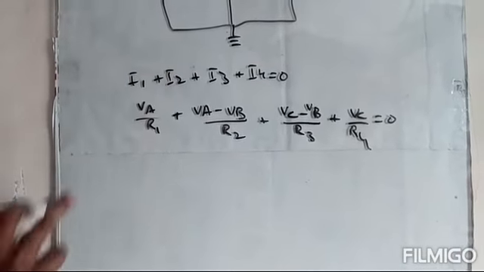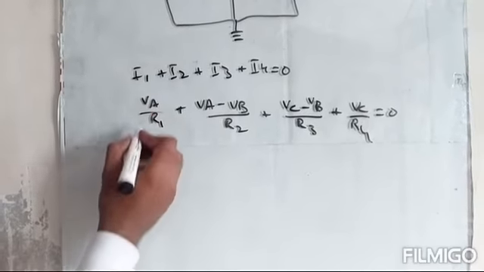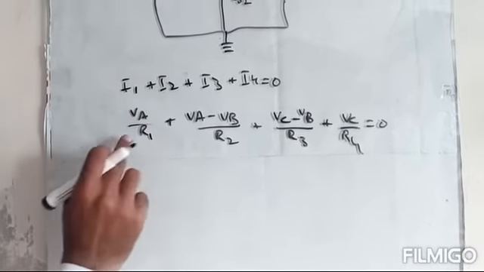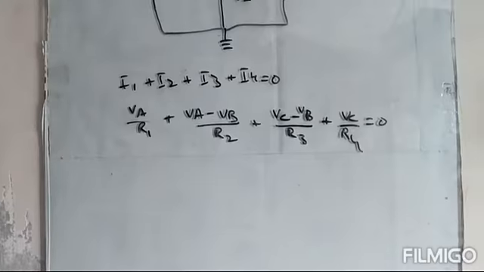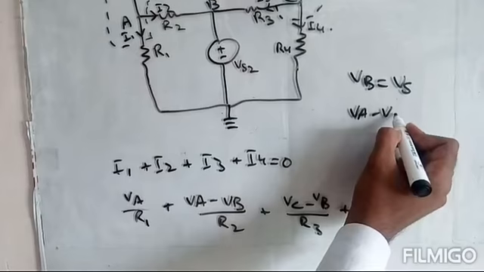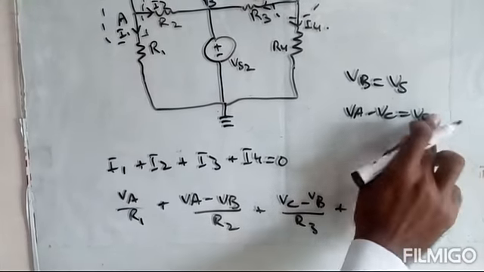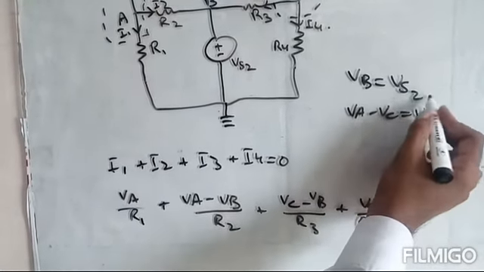We put the values of VA and VC, which are known. The voltage at point B will be VB equal to Vs2, and VA minus VC is equal to Vs1.